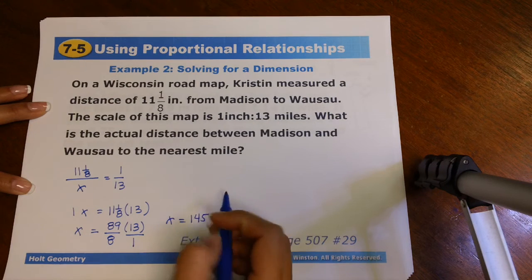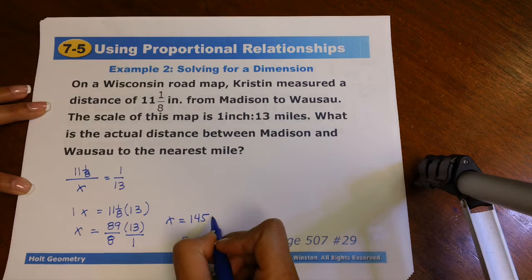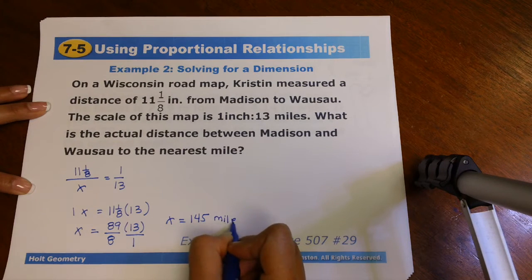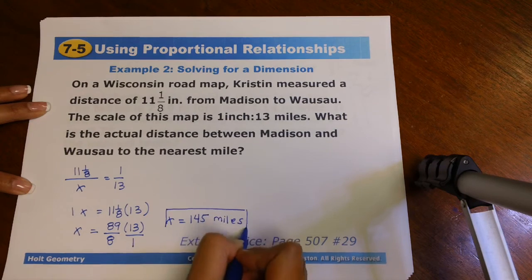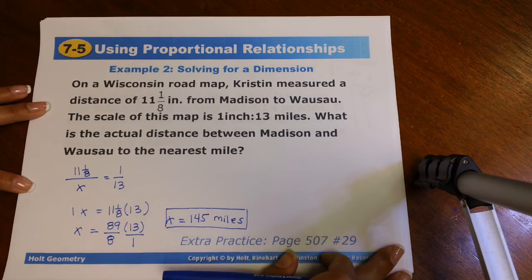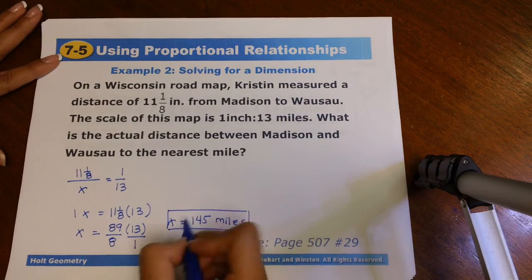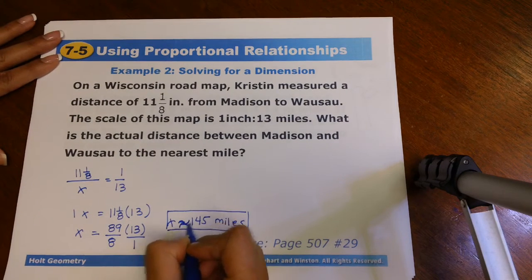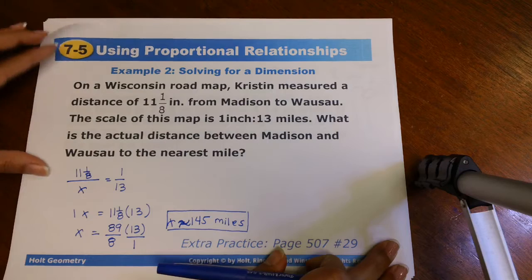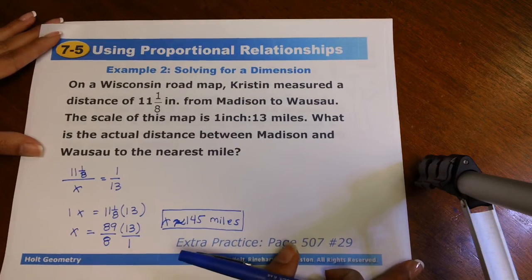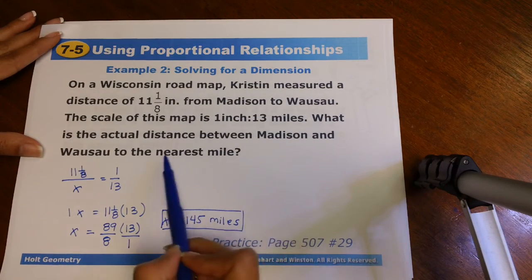So these two cities are going to be 145 miles apart. And this is approximate, this isn't exact, but that's the way we speak when we're talking about how far something is. I should change this to an approximation sign. We round to the nearest mile. So this is 145 miles.